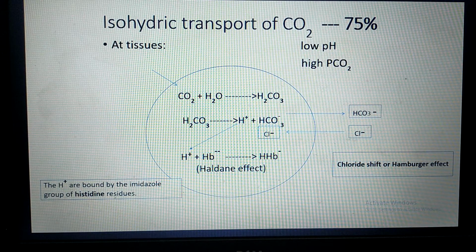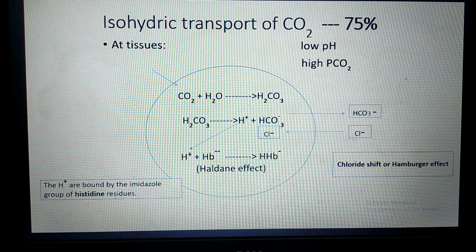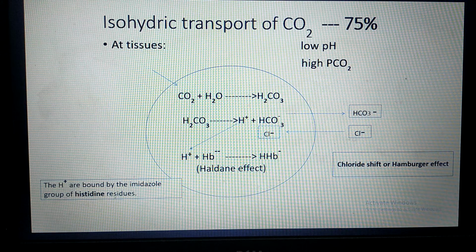First, about the isohydric transport of carbon dioxide, as I have told you, 75% of the carbon dioxide formed in the tissues is transported by this system. At the tissue, where pH is low and there is high PCO2 concentration, this favors conversion of carbon dioxide to H2CO3 by combining with water.